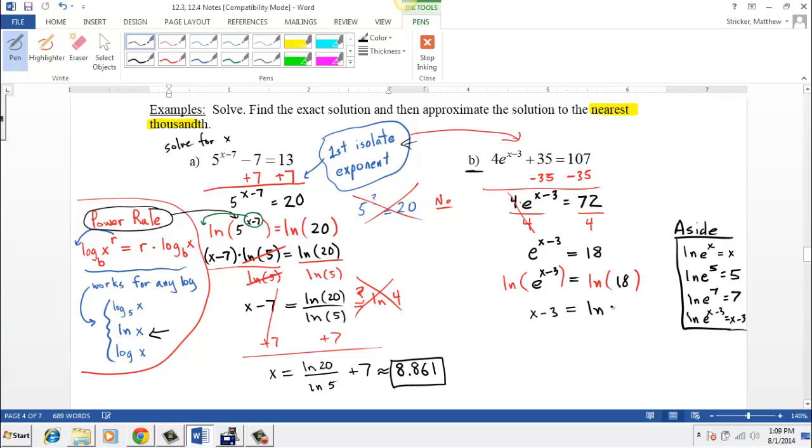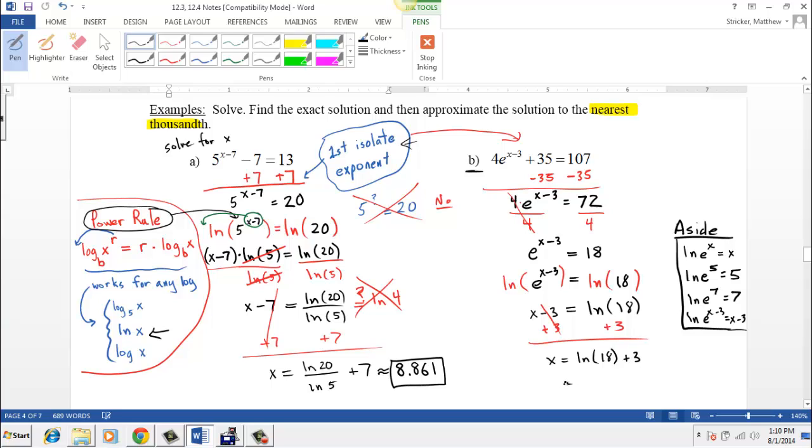It's equal to the natural log of 18. And do we have x by itself? Well, of course not. We need to do one more easy step. We need to add 3 to both sides, which does isolate the x for us. It gives us x equals the natural log of 18 plus 3.